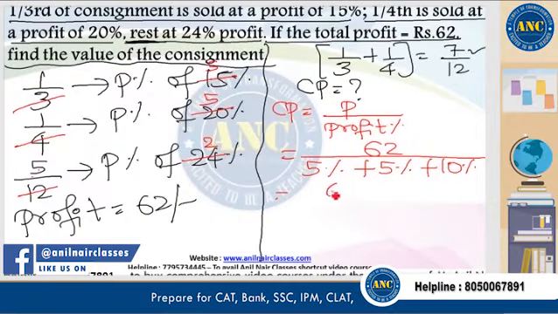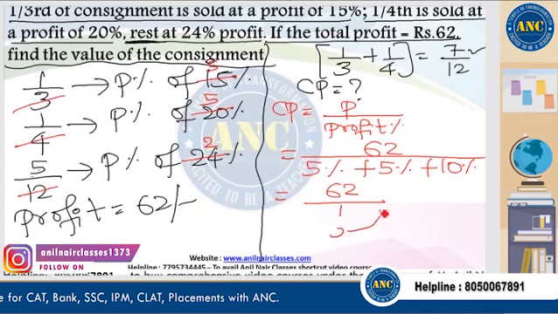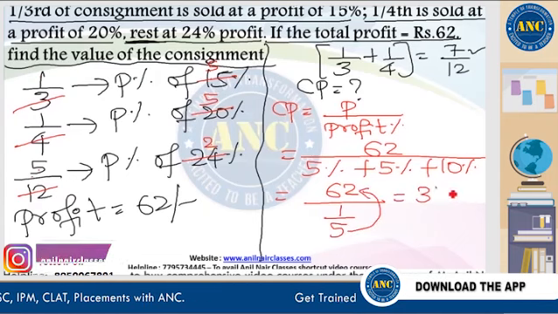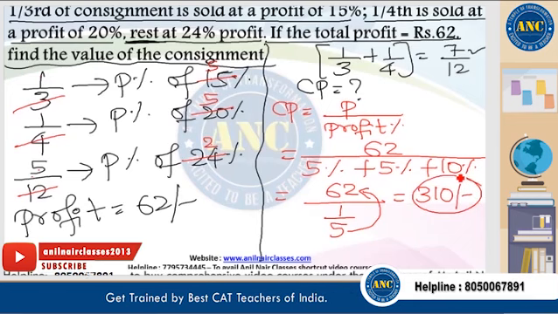Cost price is 62 divided by 5 plus 5 plus 10, which is 20%. 20% is 1/5, so 62 into 5 is 310 rupees. Within seconds you will get the answer by using method 2.